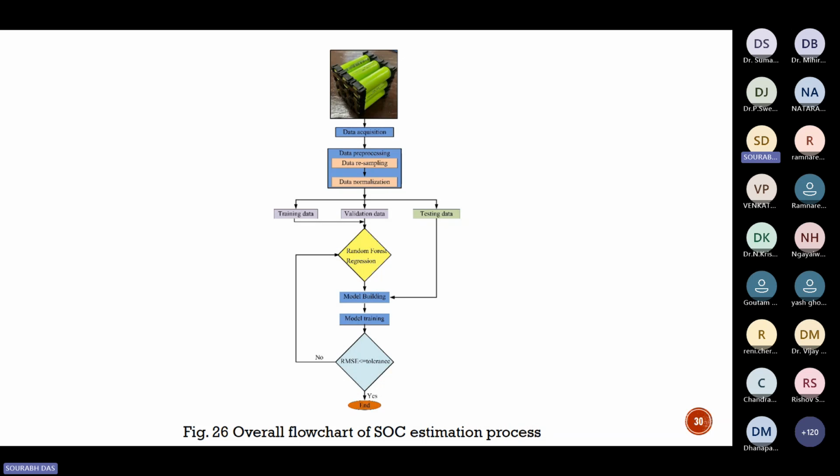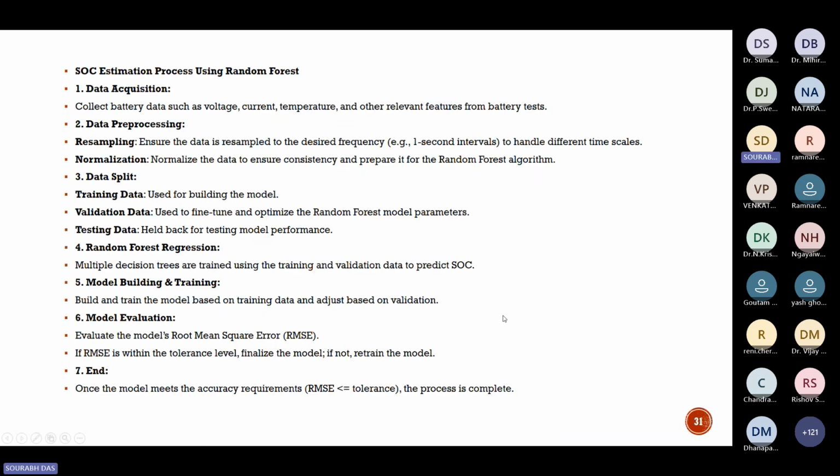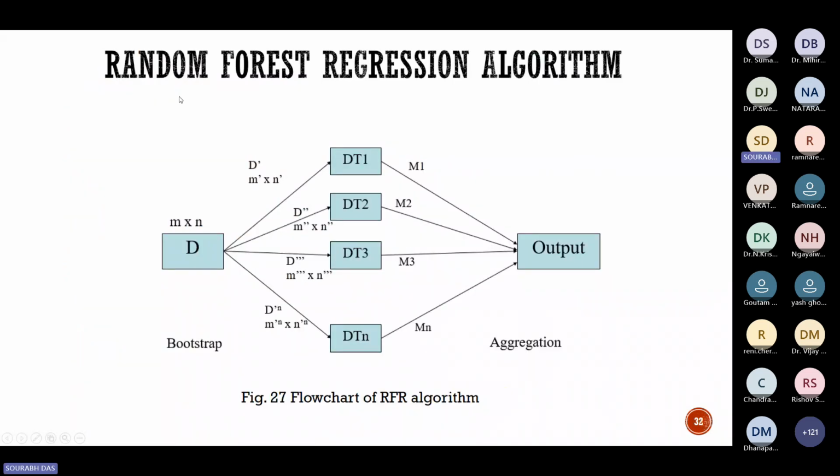We have a reference tolerance value, and the error should be less than the tolerance value. If it exceeds, then the model has to be trained again. What I have discussed is written here. So this is the random forest algorithm.